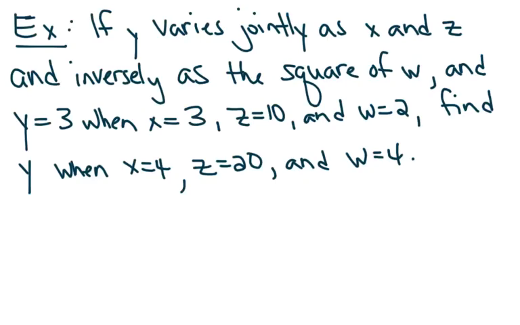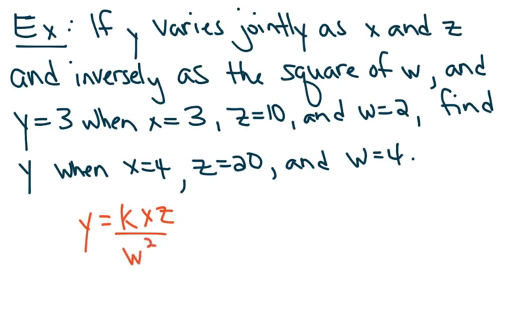The only time that the proportions aren't going to work is when you have multiple variations going on in a problem. So in this example, if y varies jointly as x and z and inversely as the square of w, the equation we're going to start with is going to be y equals kxz over w squared.